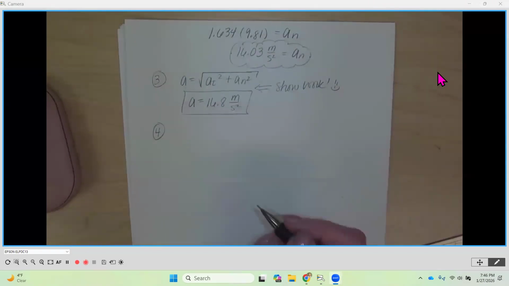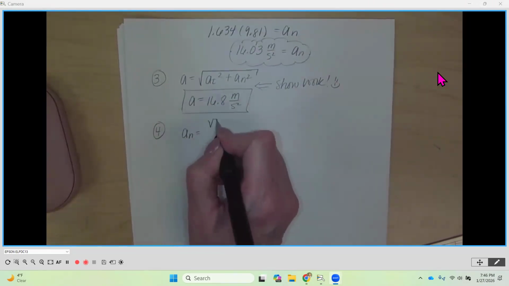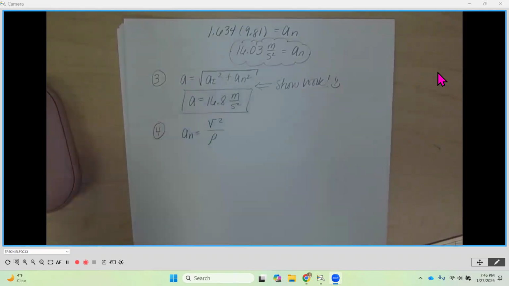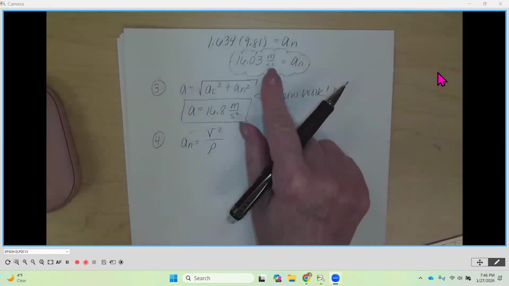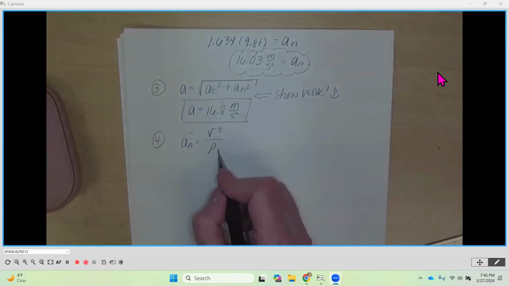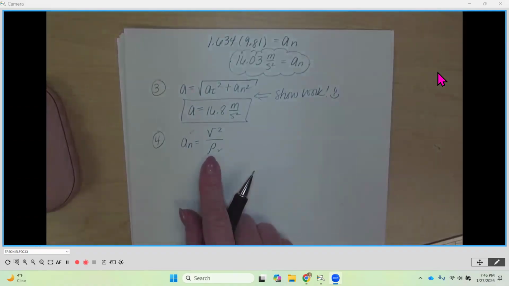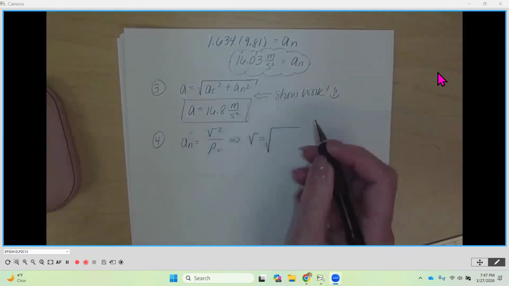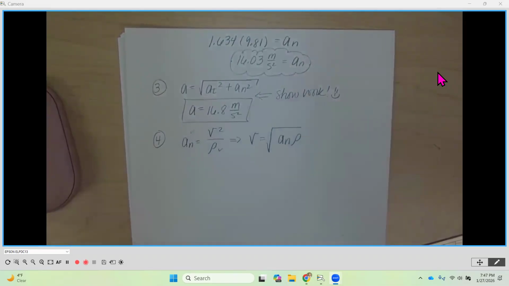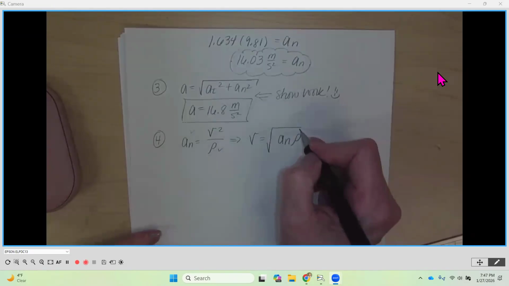So step number 4: normal is equal to the velocity squared divided by the radius. I know that my normal is 16.03, my velocity is unknown, and my cable is 2 meters long. Rearranging, velocity is equal to the square root of my normal component times the radius of the curve, in this case the length of our cable.